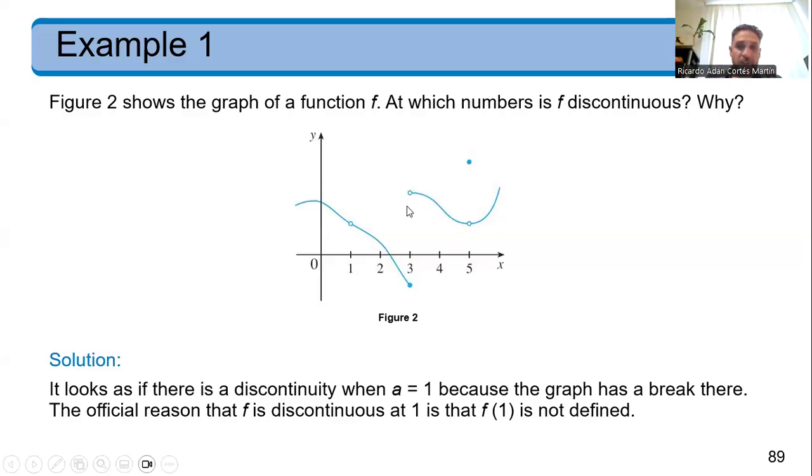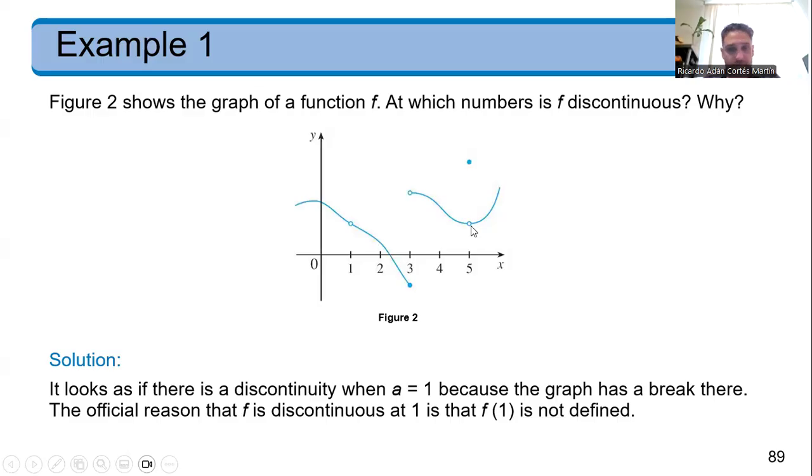All right, what about this point, x equal to 3? Is it continuous at 3? No. Why? Is the function defined at 3? Yes, it is defined. Its value is this. But what is the limit? The limit does not exist because it has a limit from the left side and a limit from the right side, but they are not the same. So the limit doesn't exist. So the function is not continuous.